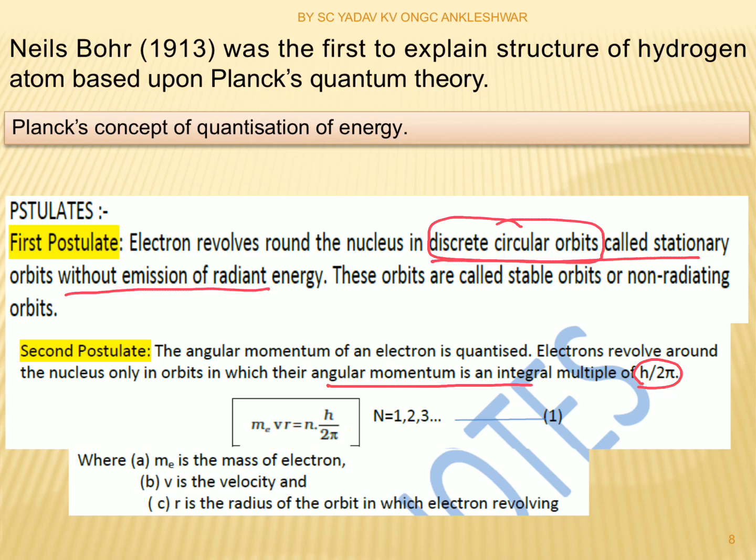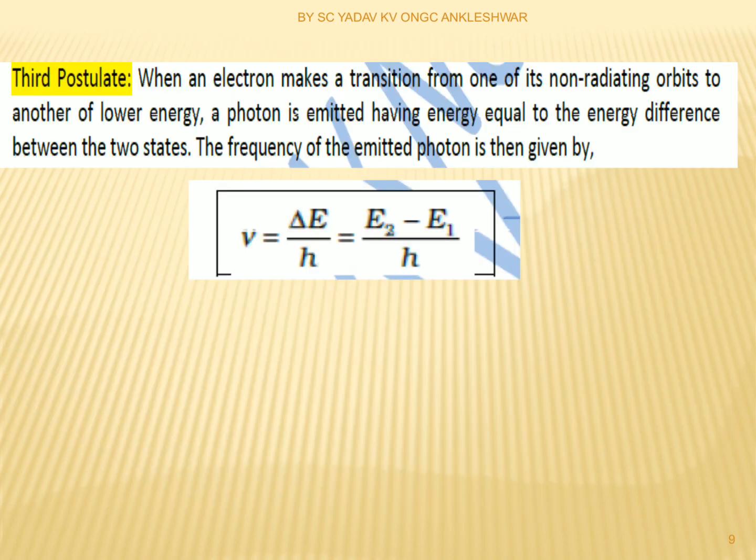According to Bohr's model, the third postulate is: when an electron makes a transition from its non-radiating orbit. What do you mean by non-radiating orbit? It means the electron is present in its stationary state, the permitted orbit in which it should occupy its position. But suppose an electron is present in the first orbit, and after absorbing radiation it jumps to the third orbit.